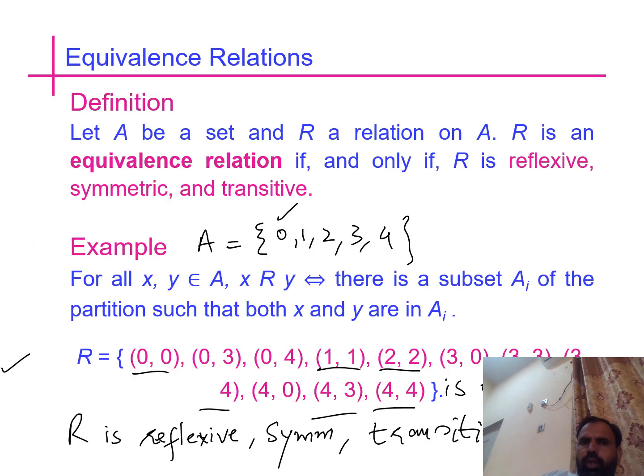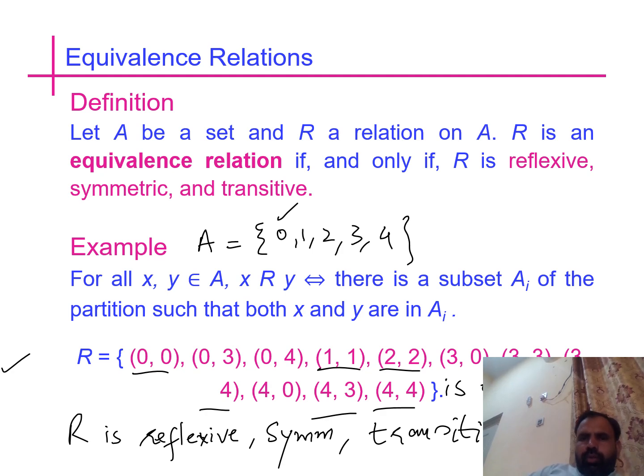Now we discuss equivalence relations. Let A be a set and R a relation on A. R is an equivalence relation if and only if R is reflexive, symmetric, and transitive.